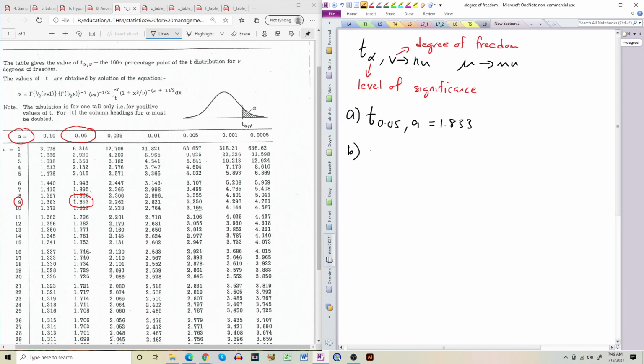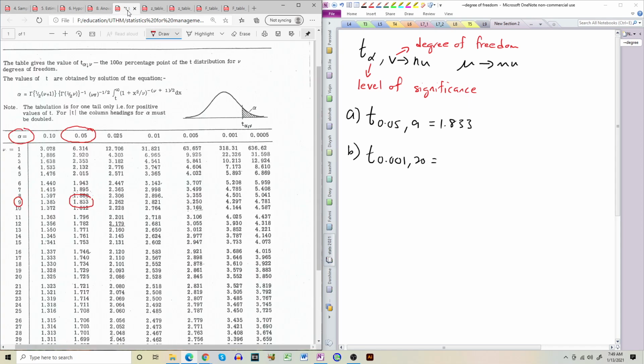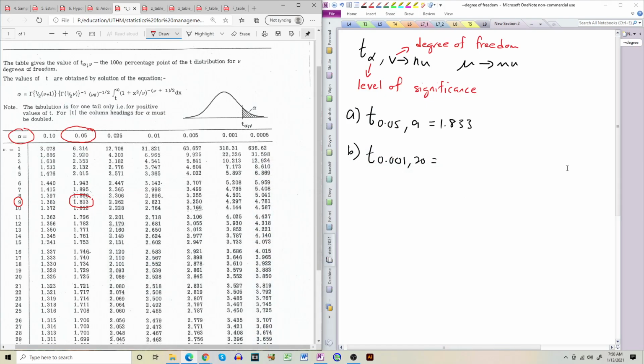B. Your B is 0.01, alpha is here, and nu is 20. So the answer is this one.